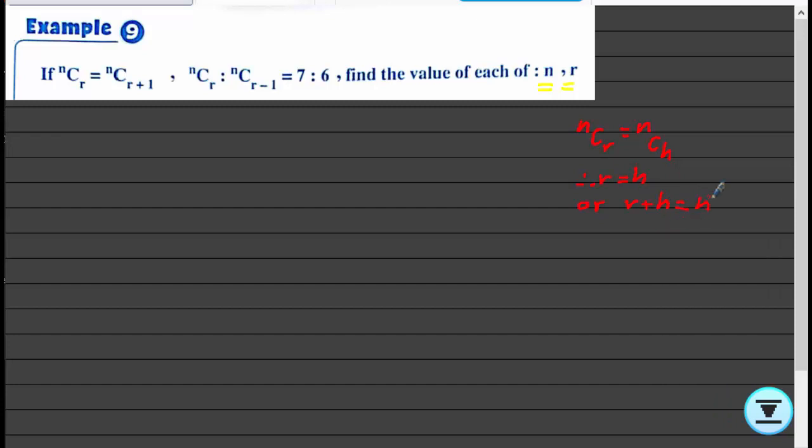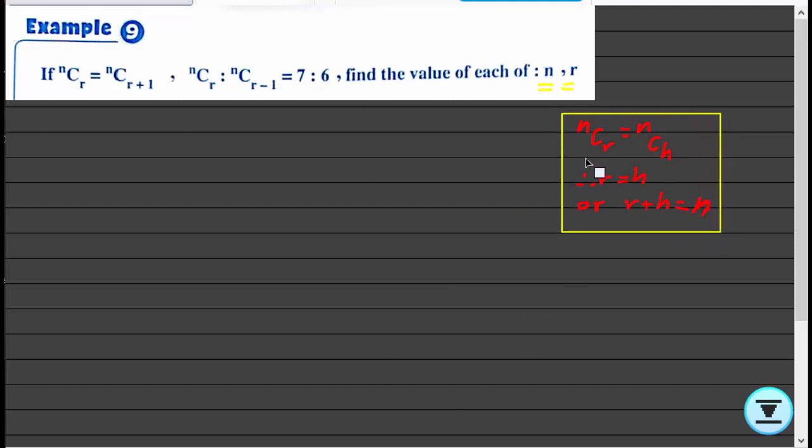Okay, again, when nCr equals nCh, so r equals h, it is a solution, or r plus h equals n.